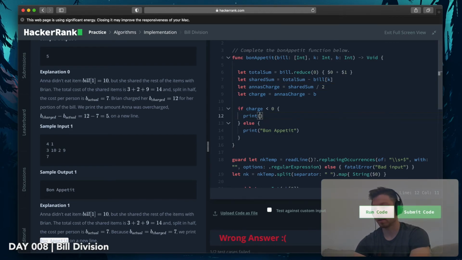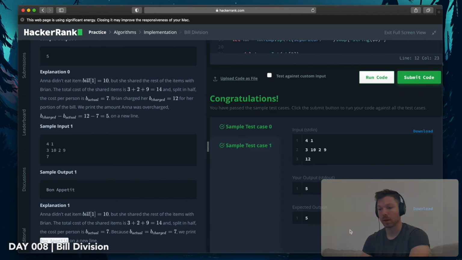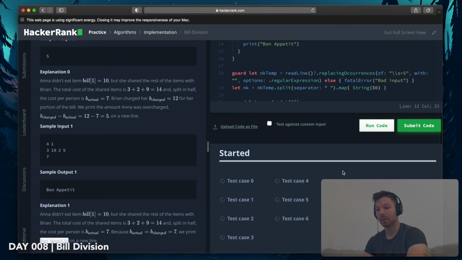So that means if charge is smaller than, we can just say charge times -1, so we see the difference in positive numbers. All right, that worked out. Now the other test cases.